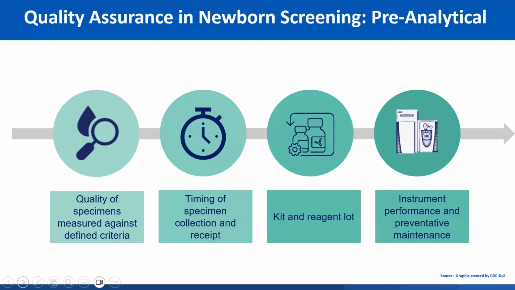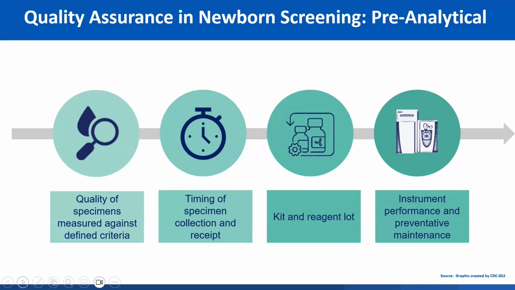Checking the specimen integrity, timing of the sample collection and receipt, and sample handling as it gets transported to the laboratory, verifying kits and reagent lots to make sure that they're not expired, checking instrument performance to make sure that it performs according to specs, ensuring that you have preventive maintenance schedules that you adhere to. Those are important as part of the pre-analytical quality assurance steps.